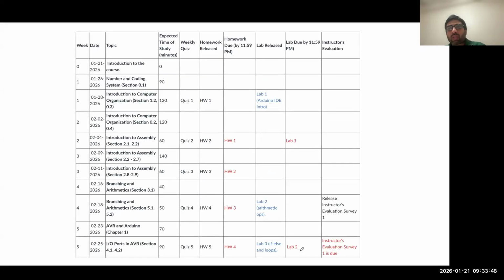One more point. Today a student asked whether there is a lab today or not. You don't need to send me emails to ask whether there is a lab. You can just look at the syllabus, which says when each lab is due, for example by 11:59 on 4th of Feb.